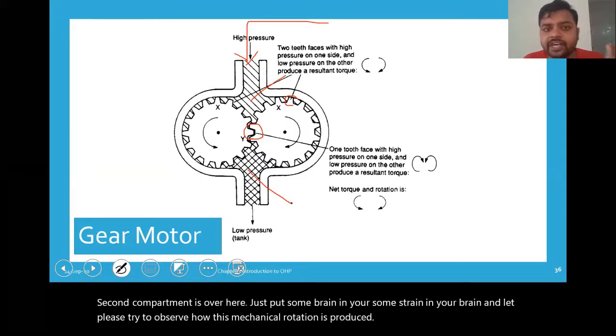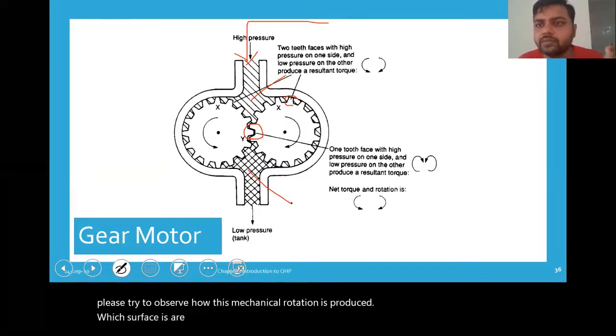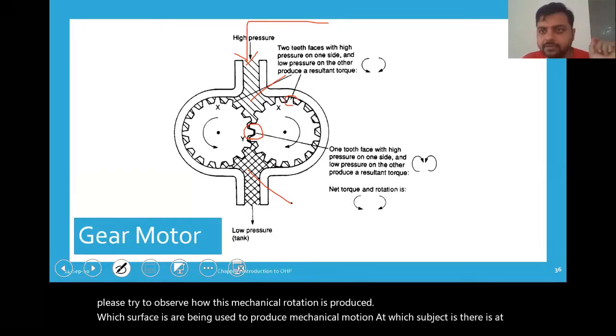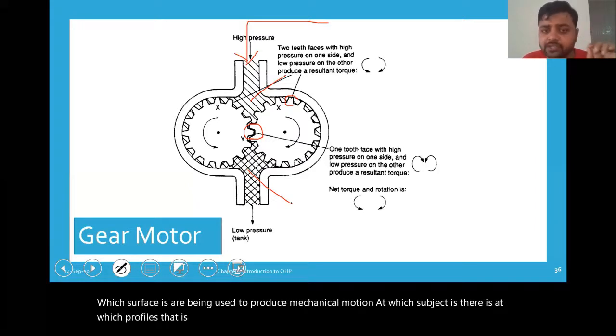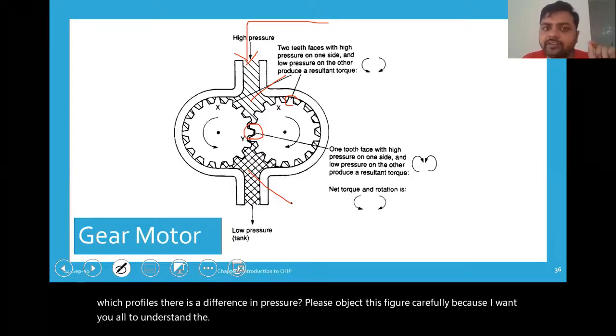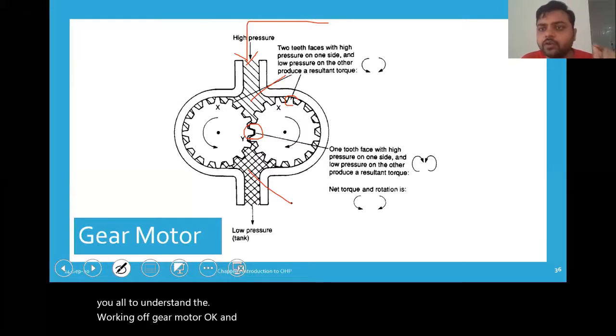Which surfaces are being used to produce mechanical motion? At which profiles is there a difference in pressure? Please observe this figure carefully, because I want you all to understand the working of the gear motor, and which parameters are affecting the total torque being produced.